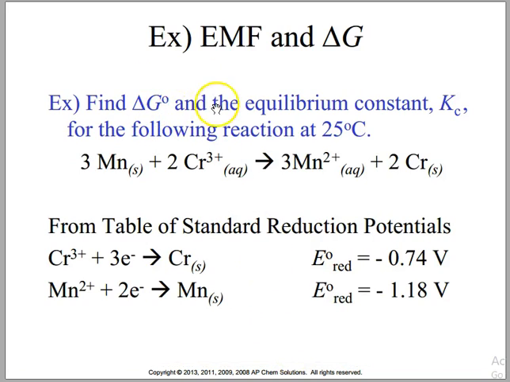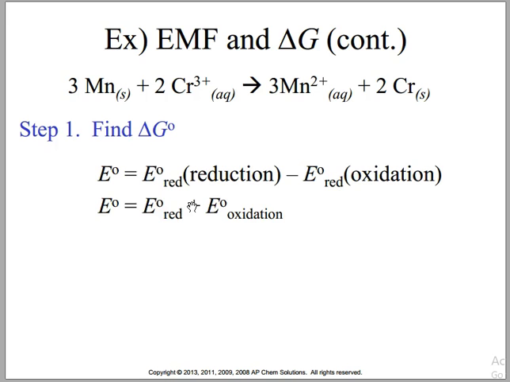So find delta G and the equilibrium constant for the following reaction. So here is our reaction: the reduction of the chromium ion and the oxidation of manganese. We have 6 electrons that are transferred in total here.